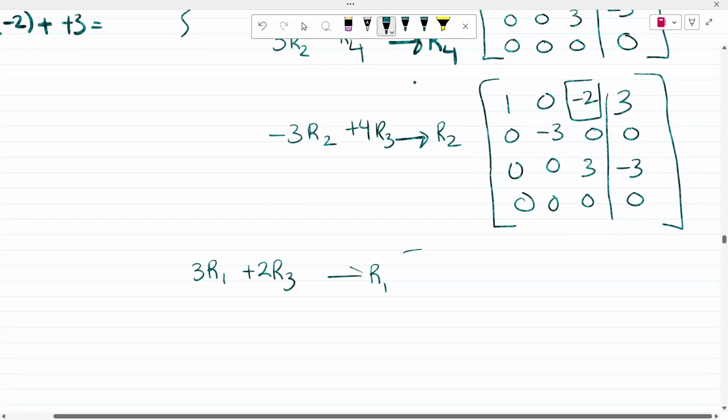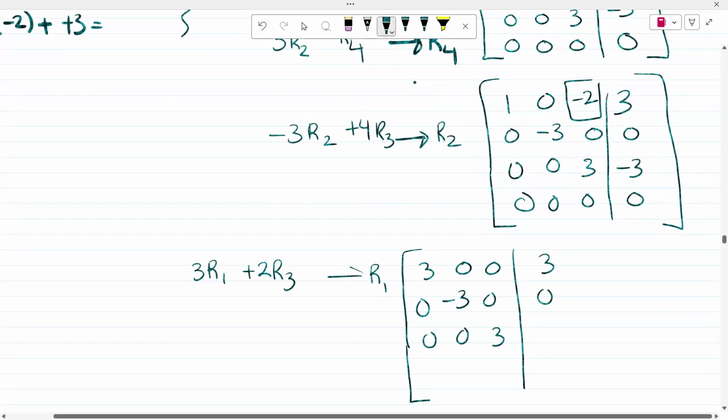So the first number would be 3, 0, 0, and then this would be 3, 0, -3, 0, 0, 0, 0, 3, -3, and then this is all zeros.